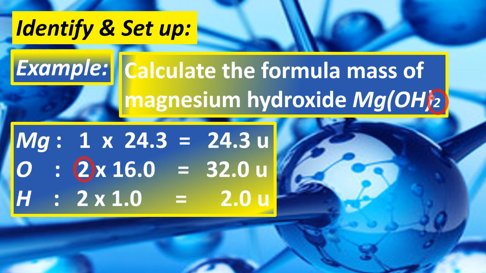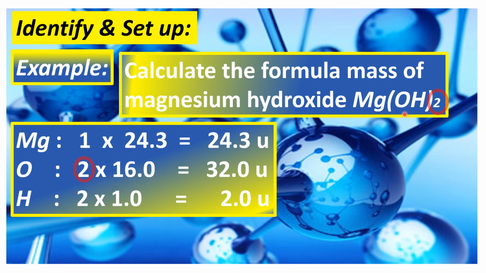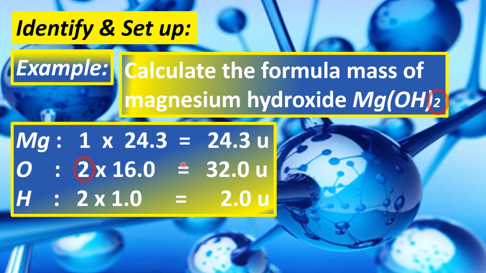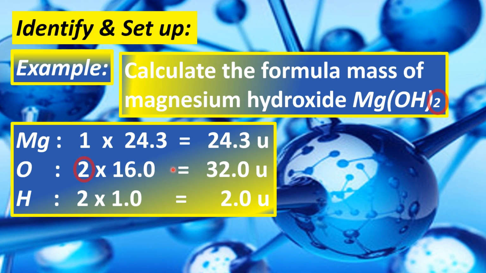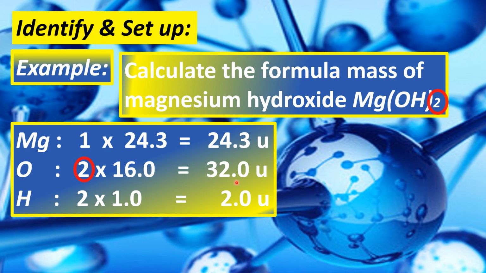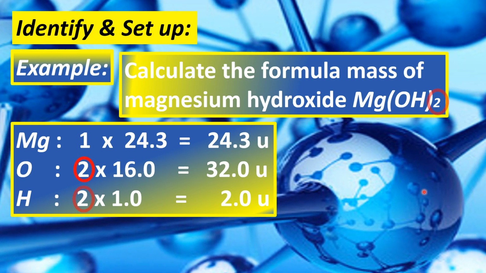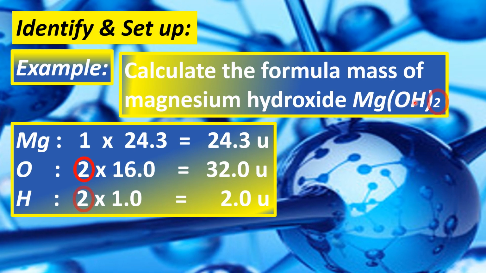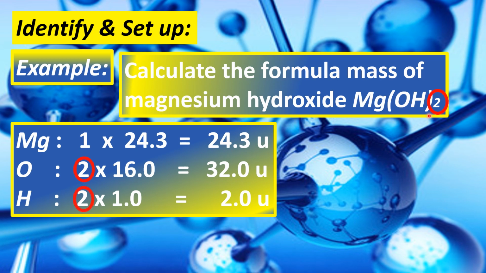But outside the parentheses, we have subscript 2. So we get two oxygen atoms. Each atom has an atomic mass of 16.0 U. So times 2, that's how we got 32.0 U. Likewise, hydrogen is also inside the parentheses with no subscript. But outside the parentheses, of course, you have the subscript 2.